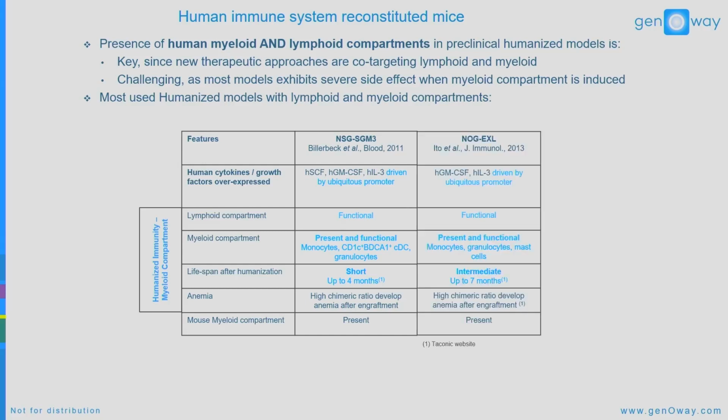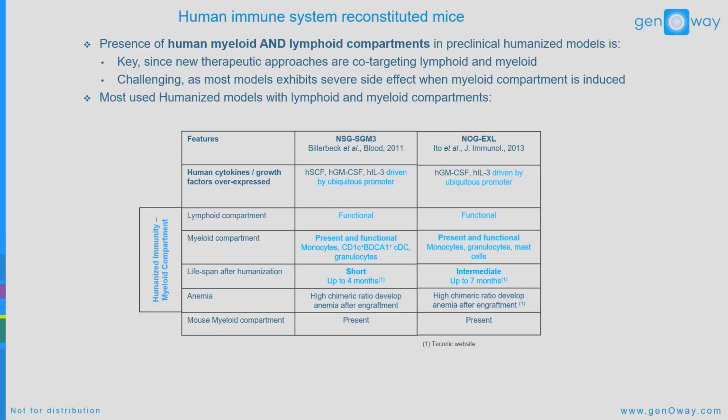The other model, which is also well known in the field, is the NOG-EXL. That model overexpresses 2 cytokines, GM-CSF and IL-3. They also drive a myeloid compartment, which is present. Those animals have a longer lifespan. However, again, the higher is the chimerism, the sicker the animal gets. So basically, having both systems co-developed in these mice creates a phenotype.